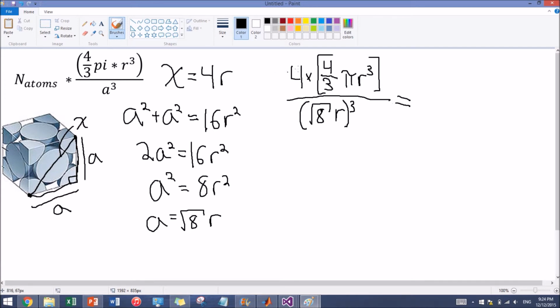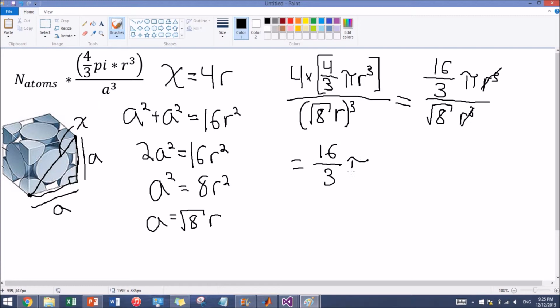That equals 4 times 4 is 16, so 16 over 3 times pi r cubed over the square root of 8 times r, cubed. I'm so sorry, I forgot to include my r cubed up here. But we can already see that these r cubes are going to cancel.